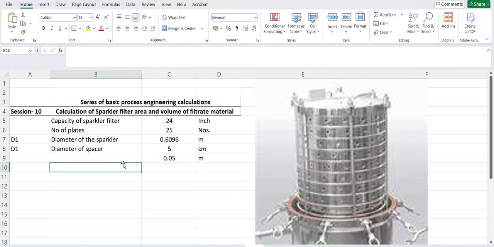Unit conversion is an important factor for any calculation. It's standard practice to maintain the same units throughout the calculation for all the parameters.